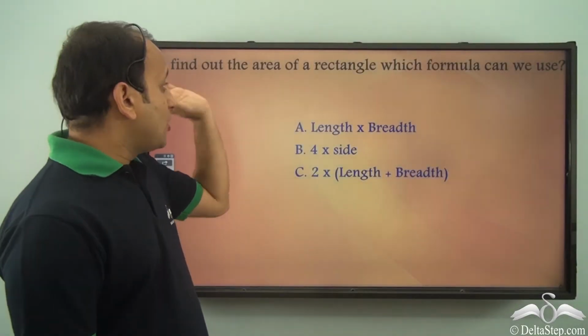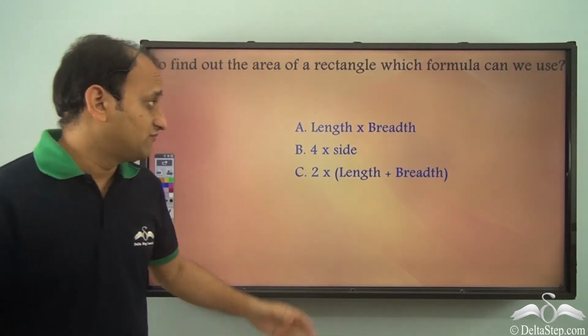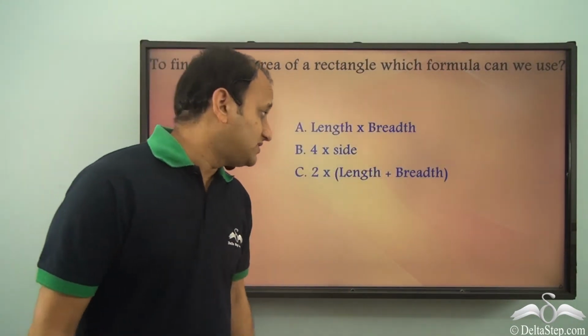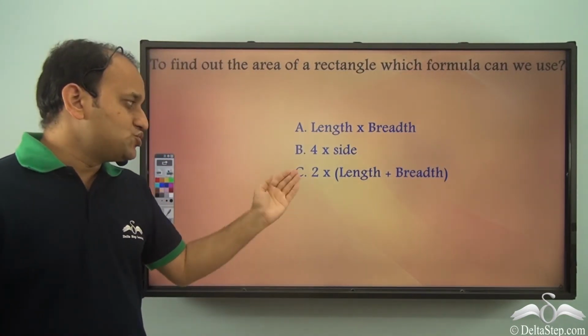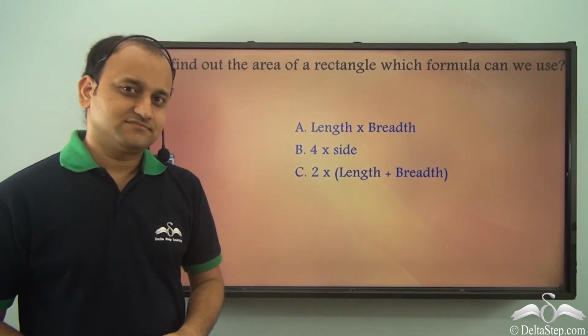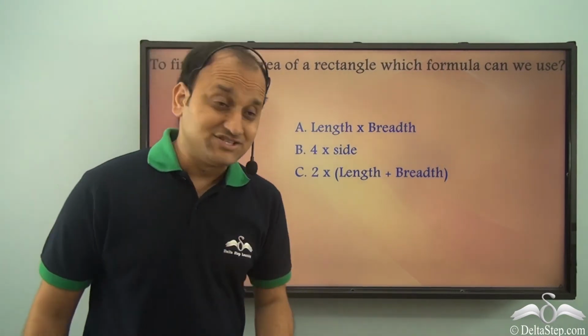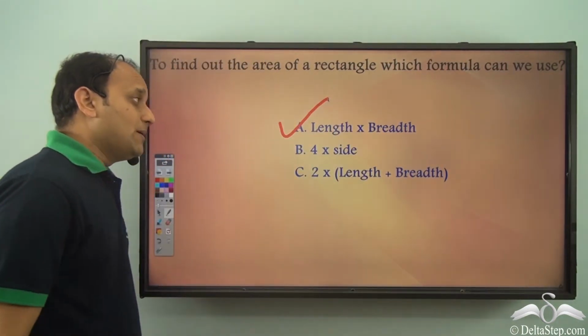So to find out the area of a rectangle, which formula can we use? Will it be length into breadth? Will it be 4 into side? Or will it be 2 into length plus breadth? What do you think? Well, the answer is length into breadth.